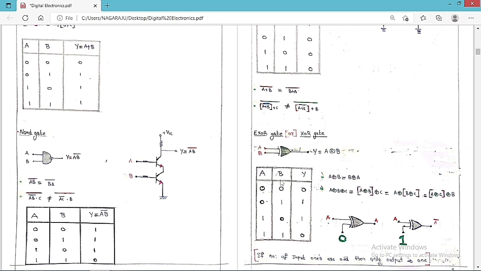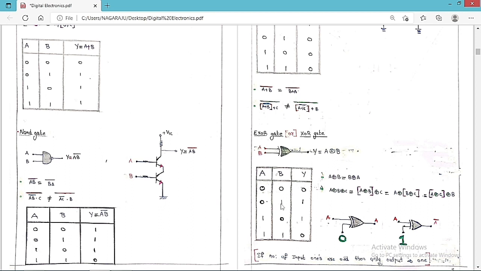Two tables I want to show here. I already told you, for a given input, if the number of input ones is odd, then only you are going to get the output as 1, otherwise you are going to get 0. Listen carefully. For 0, 0, the number of input ones is 0, so you are going to get output as 0.